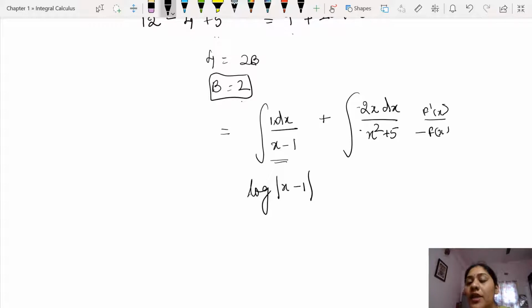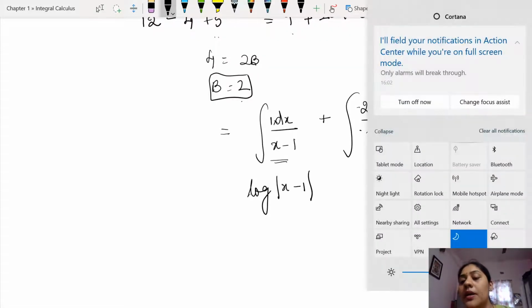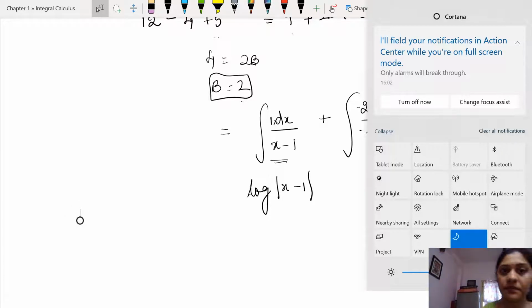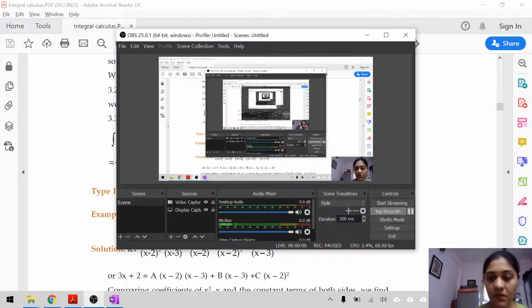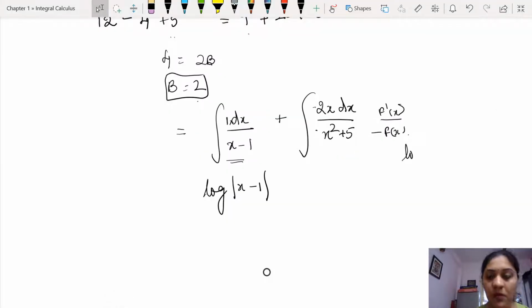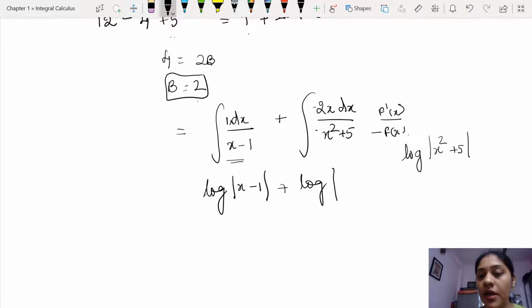So when we have f dash of x divided by f of x, the answer becomes log of x square plus 5. So here I can say plus log of x square plus 5 plus k.